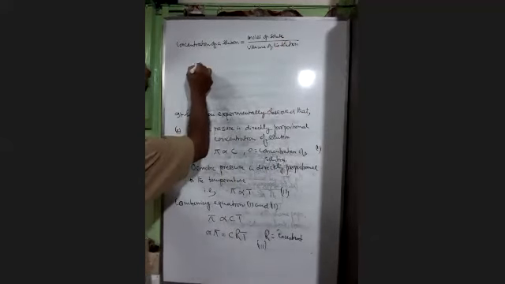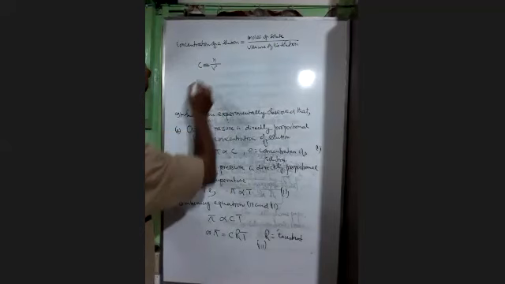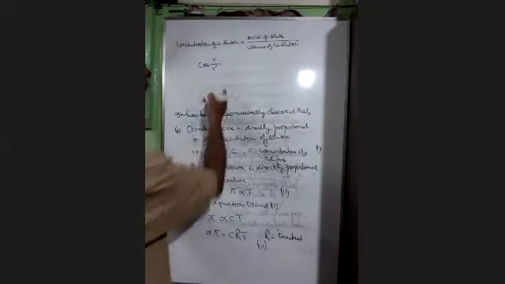I can put simply C is equal to n by V, where n is the moles and V is the volume. So I can put this into equation 3.